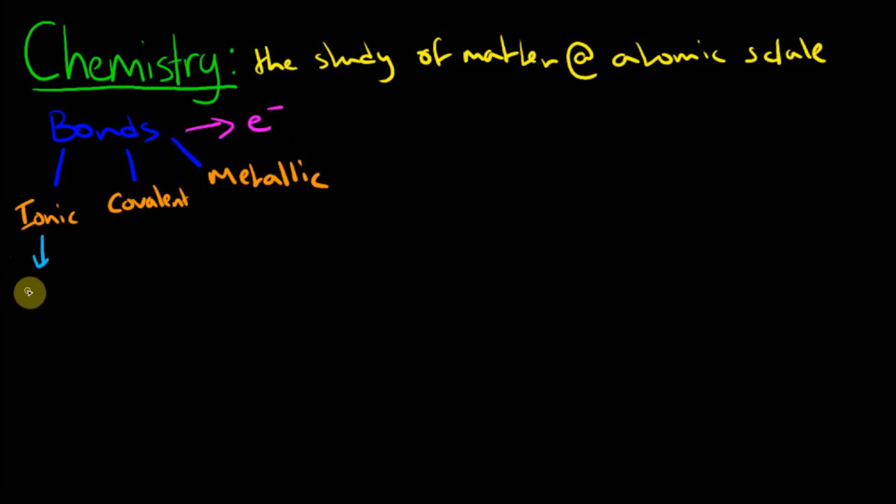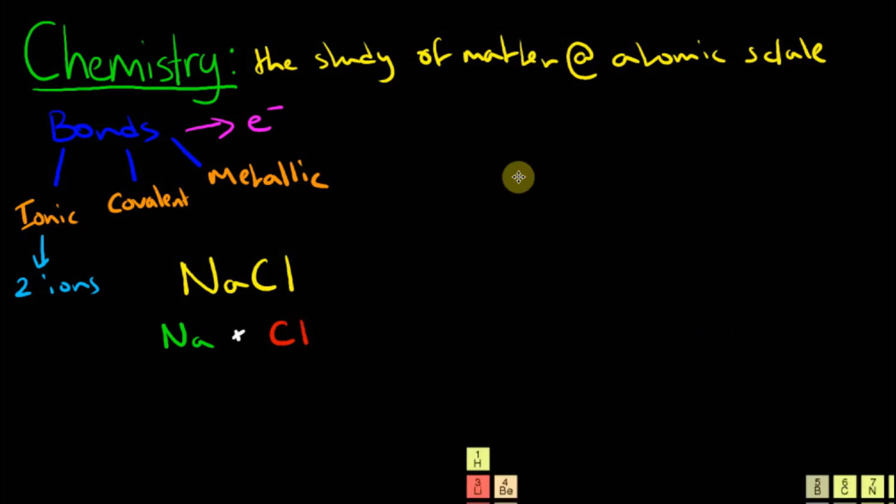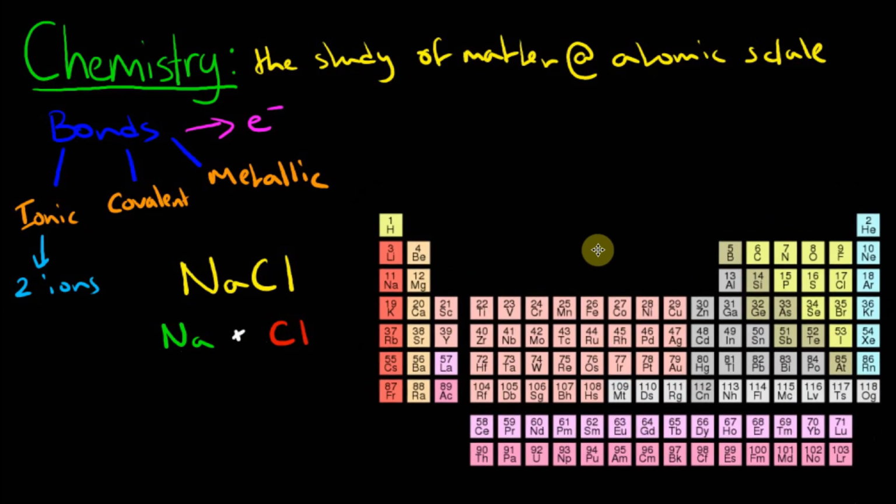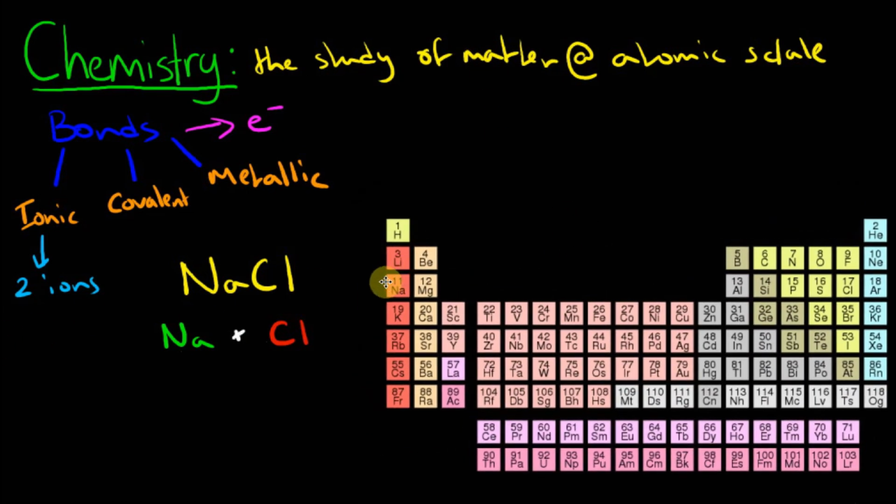Let's look at ionic bonds. They are just a bond between two ions. One example would be NaCl. We can break it down into two parts, Na and then Cl. If we take a look at our periodic table of elements, we can see that Na is right here on the table, and it's got one valence electron.